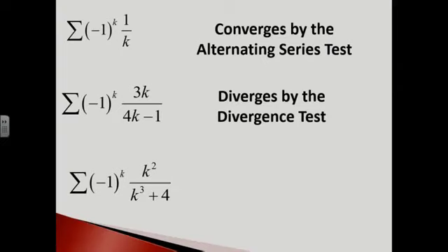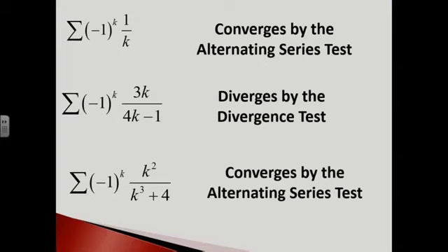We have the limit of a_k as k tends to infinity equals 0, and the sequence a_k is decreasing. We can verify this by computing the derivative of a_k and showing that it is negative. Thus, the alternating series test tells us that the given series must converge.